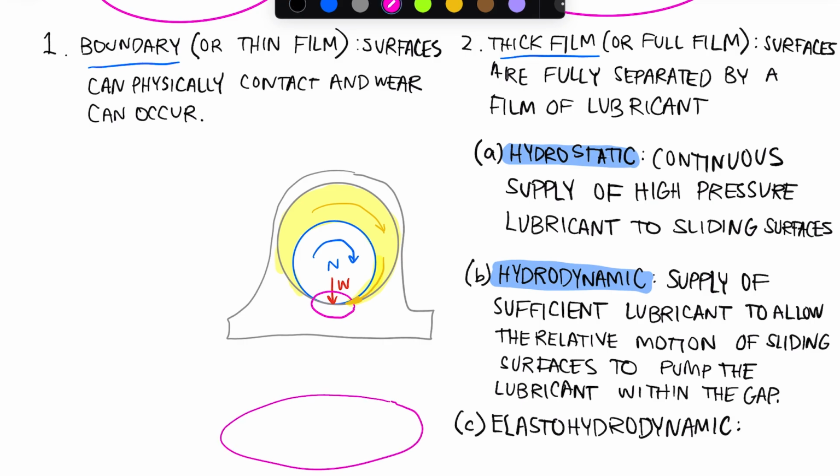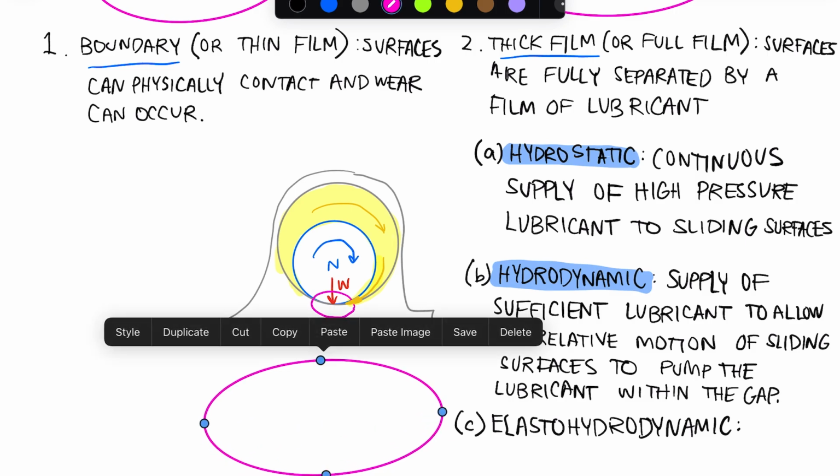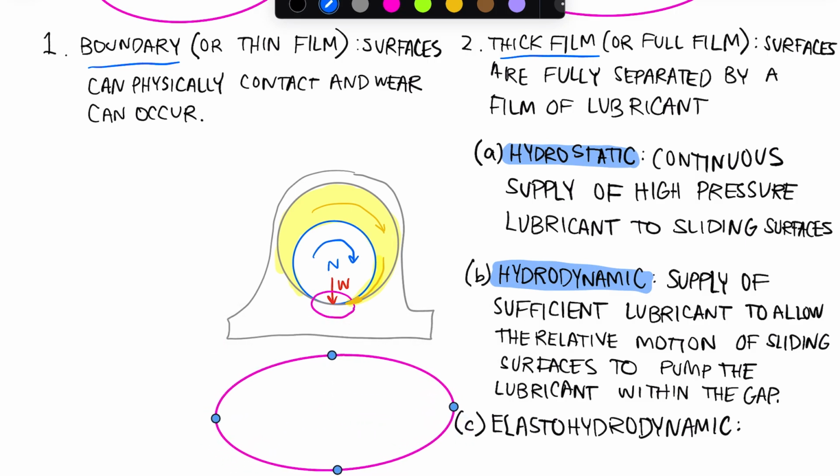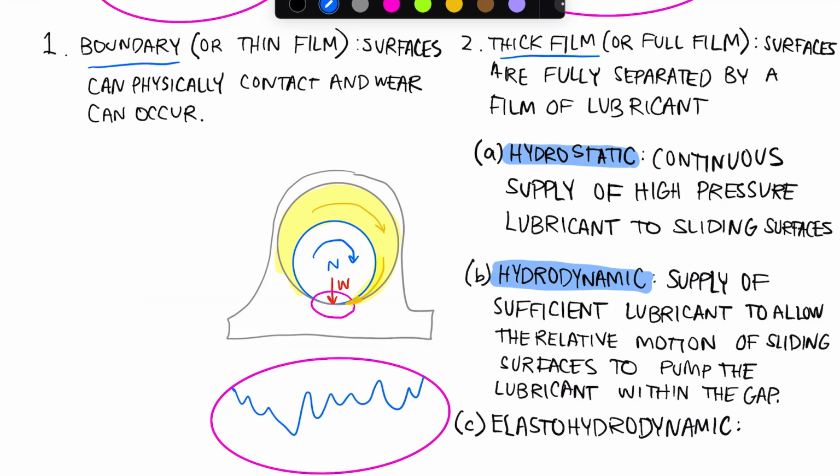So if I take a look again, zoomed in on these surfaces, I have some surface asperities on both the journal and the bushing.